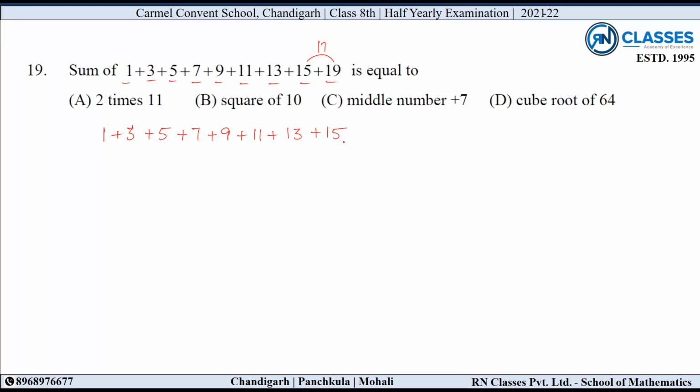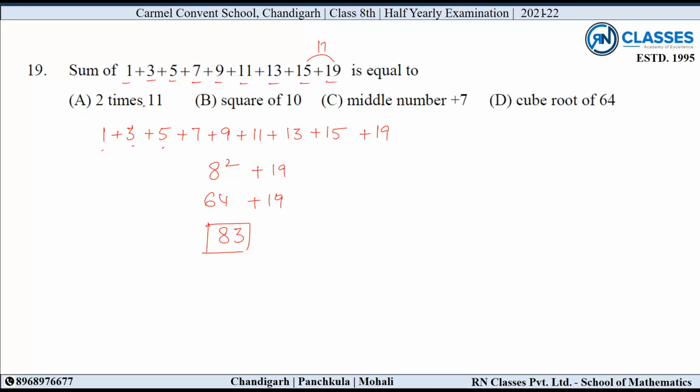Sum of first n odd natural numbers: 1, 2, 3, 4, 5, 6, 7, 8. 8 means 8 square. Plus 19 is also there, means 64 plus 19 is equal to 83. 83 is the right answer.